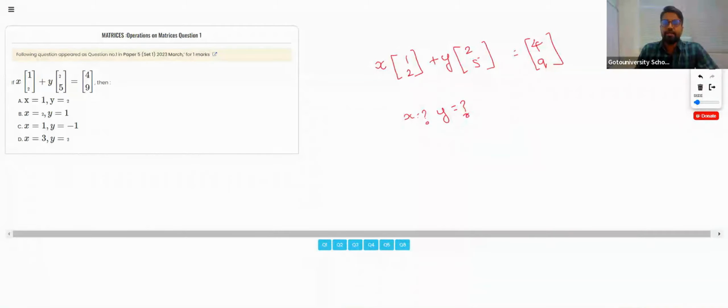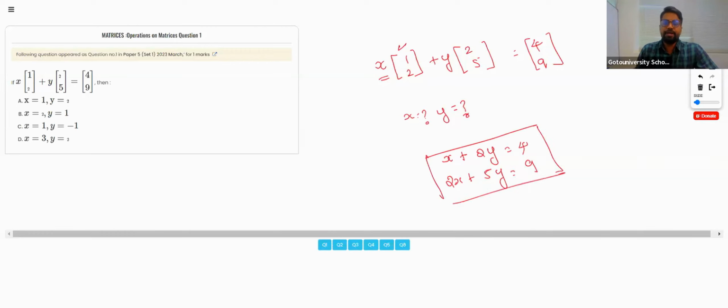Right now, what we are doing is multiplying the matrix with the variables x and y, and we have two values here. So it shows two equations, which we are simplifying in the form of a matrix. One equation is 1x plus 2y is equal to 4. Another equation is 2x plus 5y is equal to 9. When you solve these equations, you'll be able to find the value of x and y.